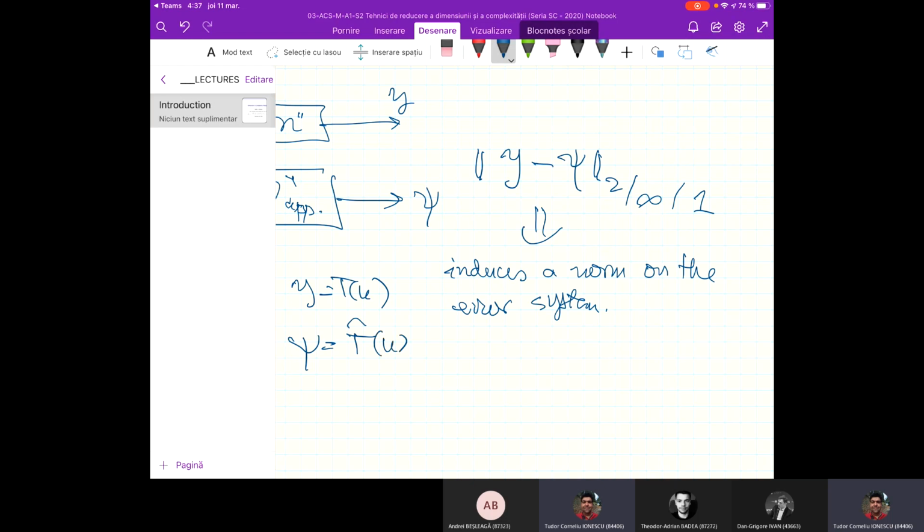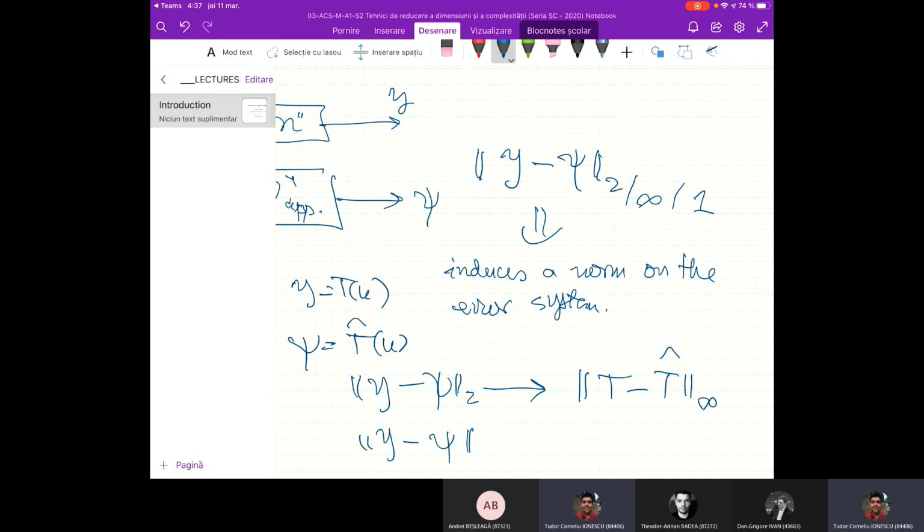So, for instance, y is T u, psi is T hat u. So if you want to check, for instance, the 2 norm of the error of the output, this induces the infinity norm of T minus T hat. And if you want to check the maximum amplitude, I'm not sure if you guys remember the significance of such norms for signals. So y and psi are signals.